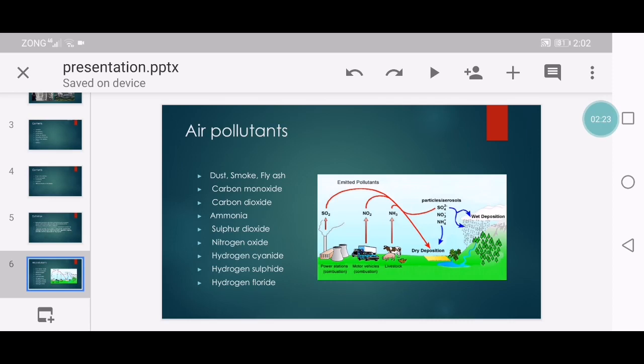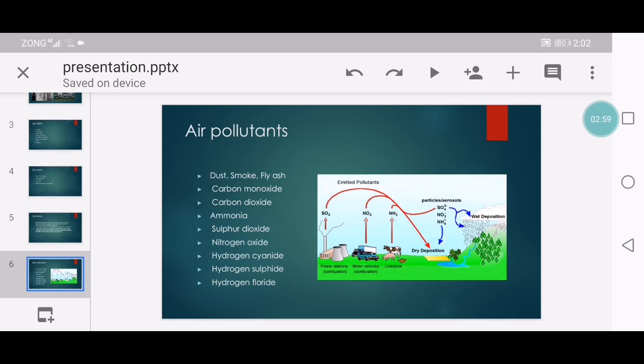These particles and gases come from cars, trucks, exhaust, factories, and dust like smoke and fly ash, and they can also be created by human activity. Some volcanic gases are composed mainly of water, carbon dioxide and sulfur dioxide, nitrogen oxide, hydrogen cyanide, hydrogen sulfide, hydrogen fluoride. And during violent eruptions, these gases are injected into the stratosphere.